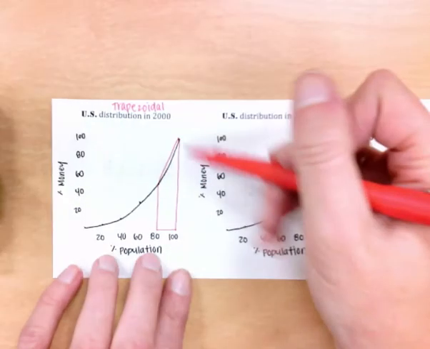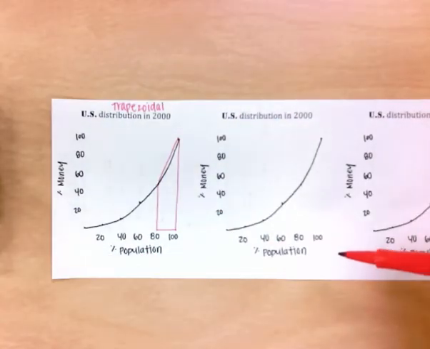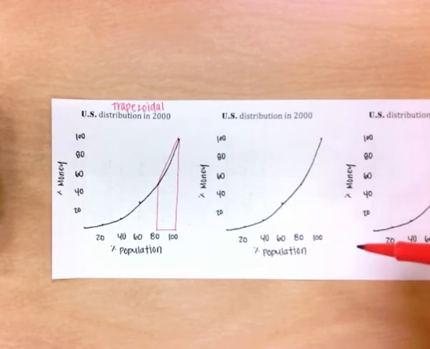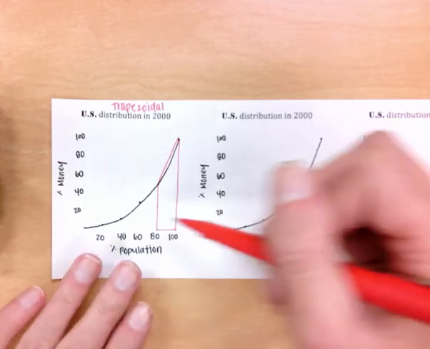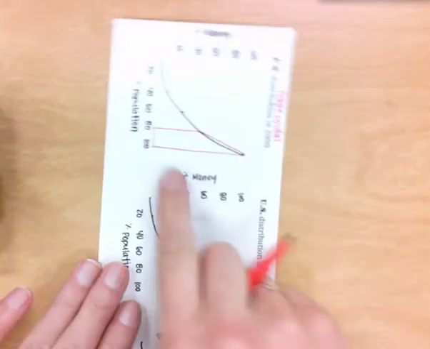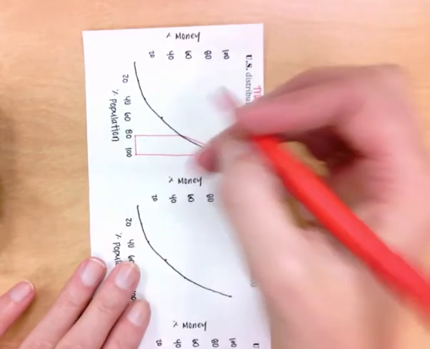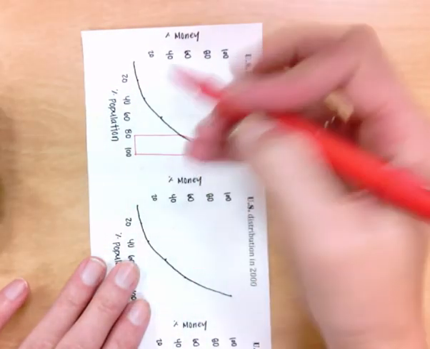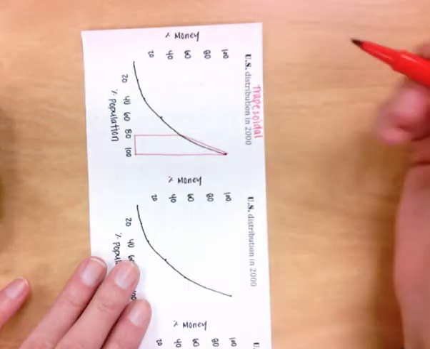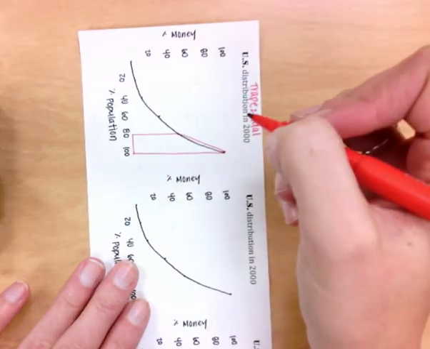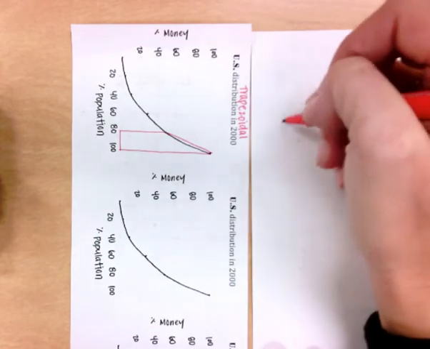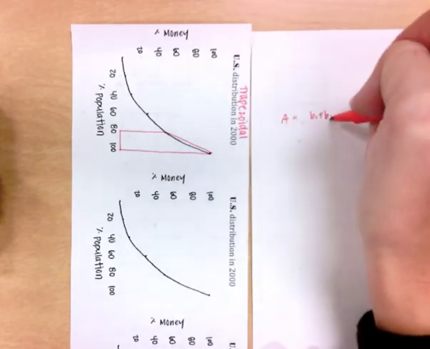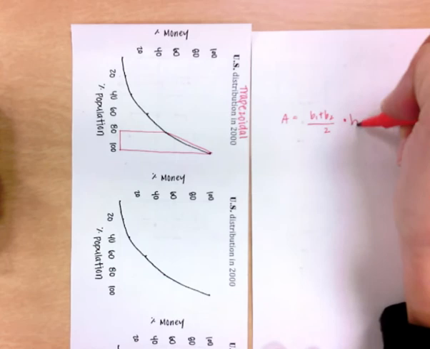So then for my trapezoid, I will find the area of each of these. Before you draw in all of the other trapezoids, let's just talk about the area of just this one here. If this makes you happier, you can look at it this way: this is one of your bases, this is your other base, and this is going to be your height. So our area is base 1 plus base 2, divided by 2, and then times our height.